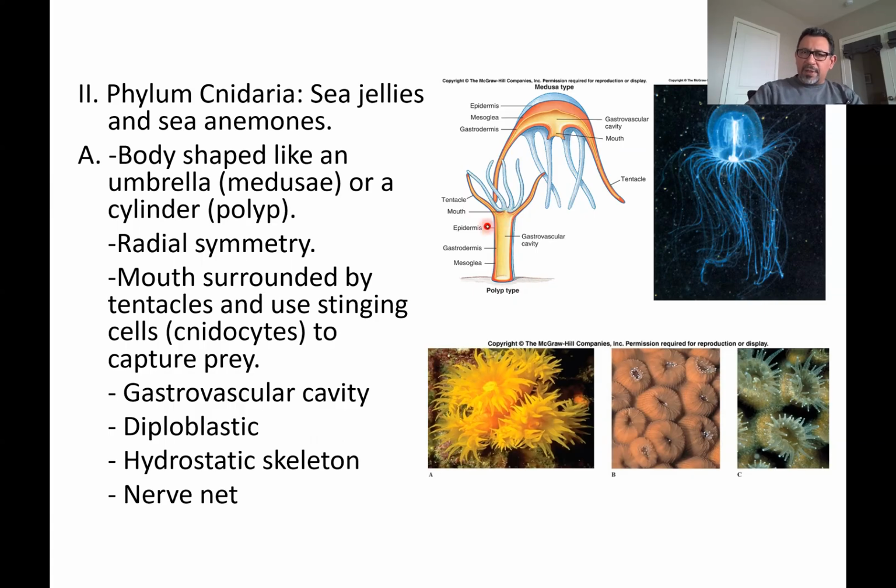Or in the case of an anemone, when water is expelled, they can bring the tentacles in. And some anemones actually can move from one location to another using the help of this hydrostatic skeleton. So there are three things that I want you to remember about hydrostatic skeleton. One is that it requires water pressure.